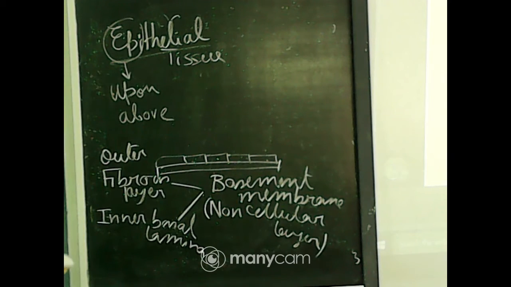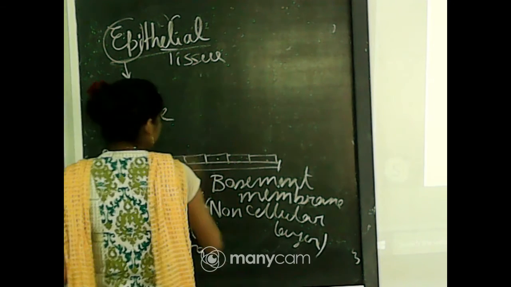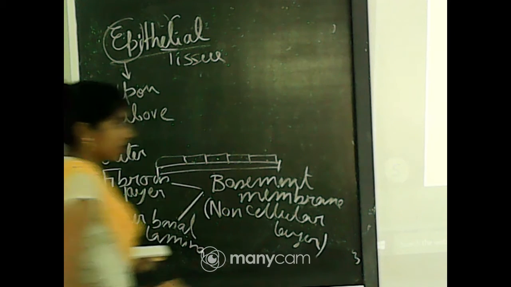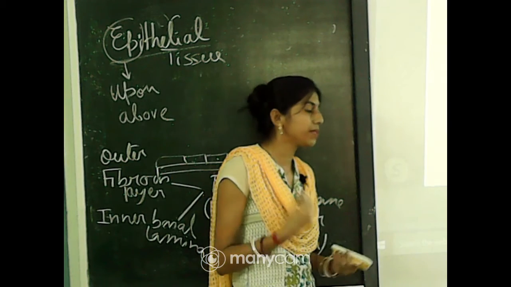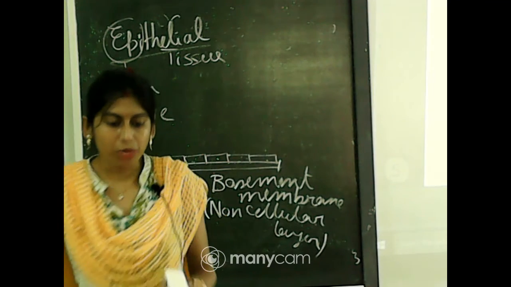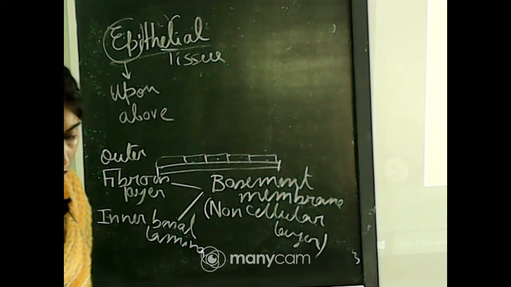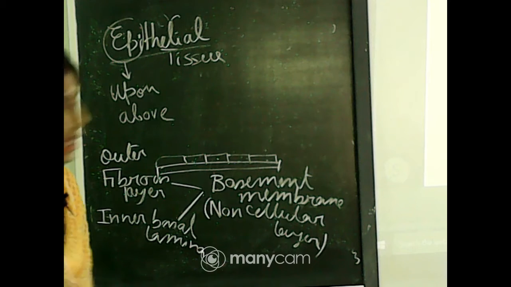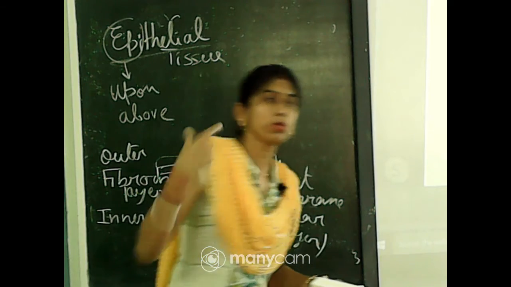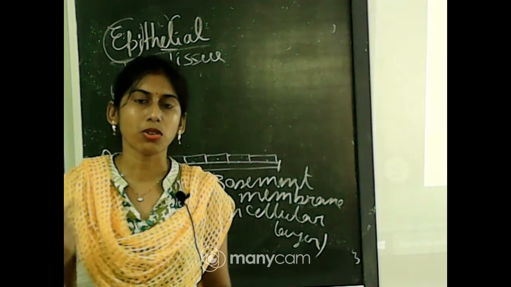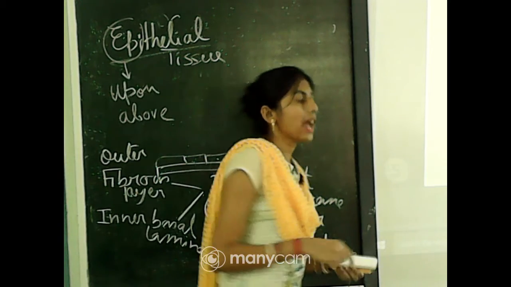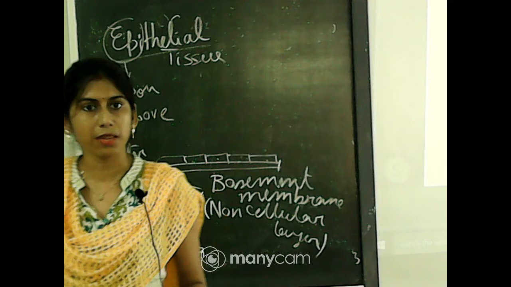Epithelial tissue can be divided into a few types: simple, complex, compound, and transitional epithelial tissue, differentiated on the number of layers of cells. If only a single layer is present, it is called simple epithelial tissue. If more than one layer is present, it is called compound epithelial tissue, and if the layer is flexible, it is called transitional epithelial tissue.